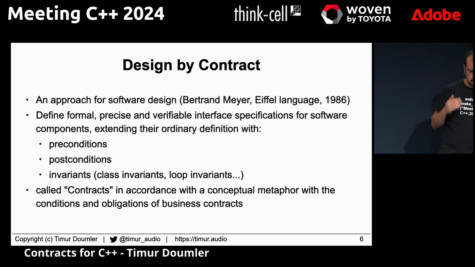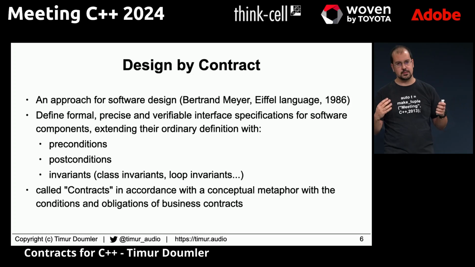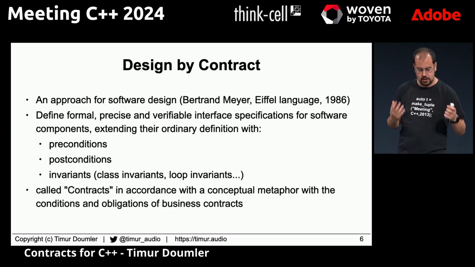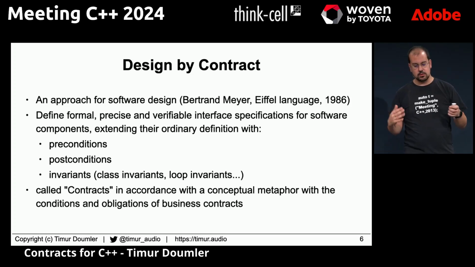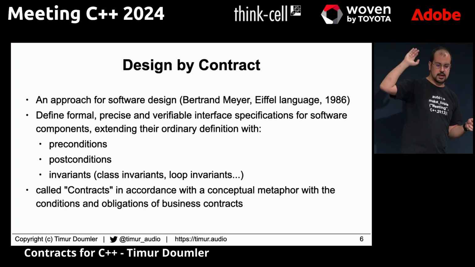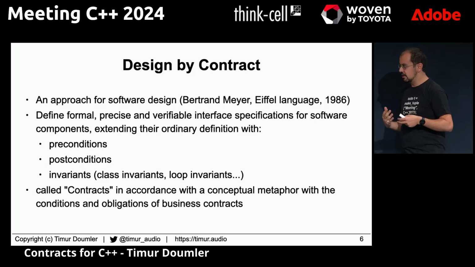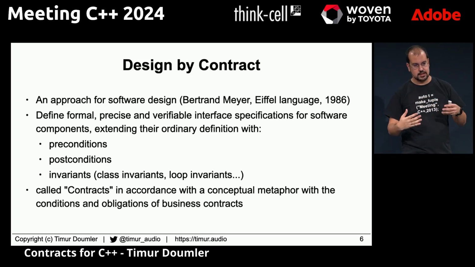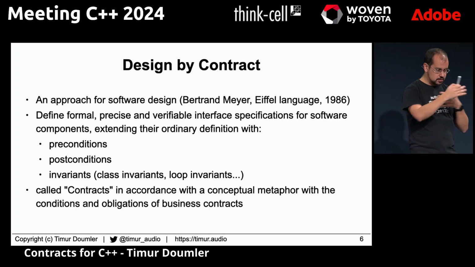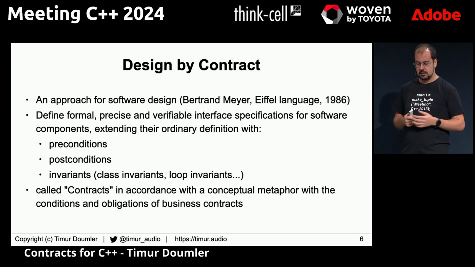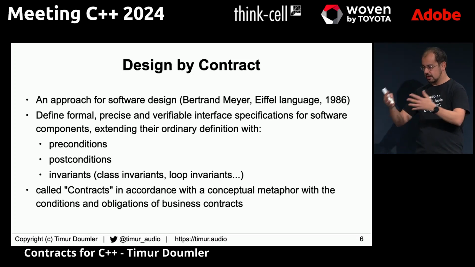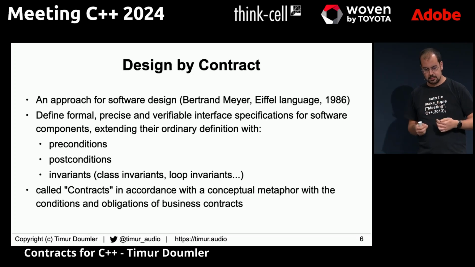The idea is to define formal, precise, and verifiable interface specifications for software components, extending the ordinary definition with preconditions, postconditions, and invariants. Those are called contracts in accordance with the conceptual metaphor with business contracts. You have obligations, and then you have rights, right? So it's this two-way contract between a component and another component using that component.